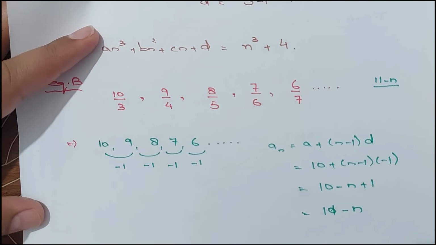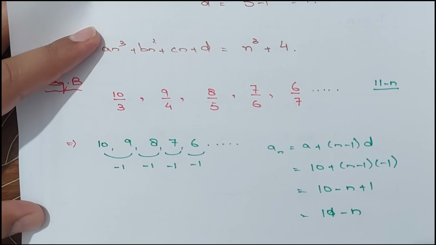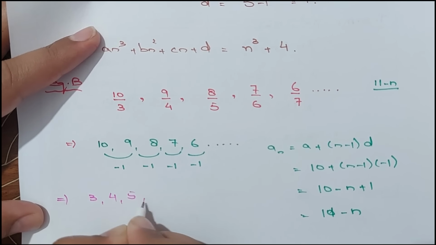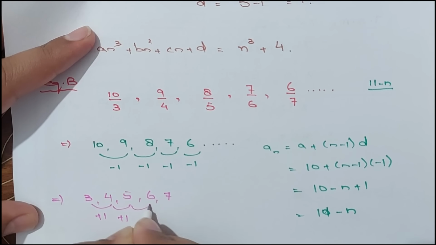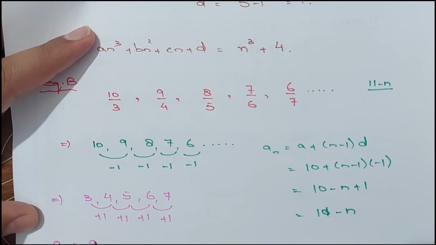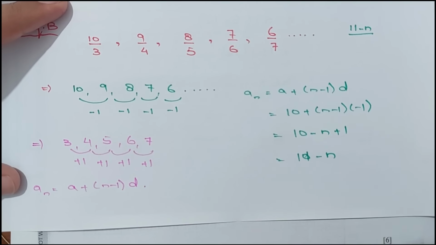Let's work for the denominator. The denominator is the same thing. We have 3, 4, 5, 6, 7. Every term is adding by 1. So the nth term is a n equals a plus n minus 1 into d. This is again an arithmetic progression, right?